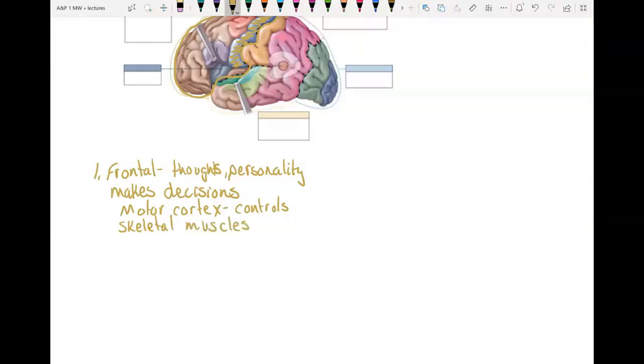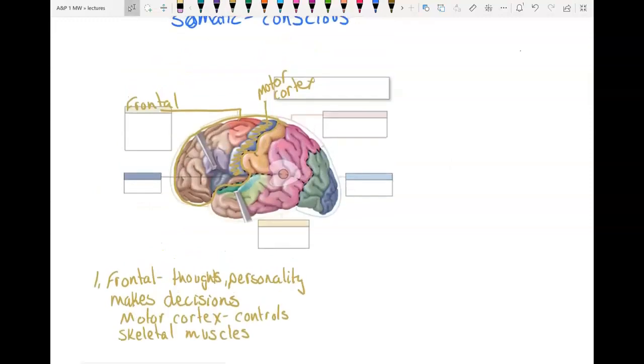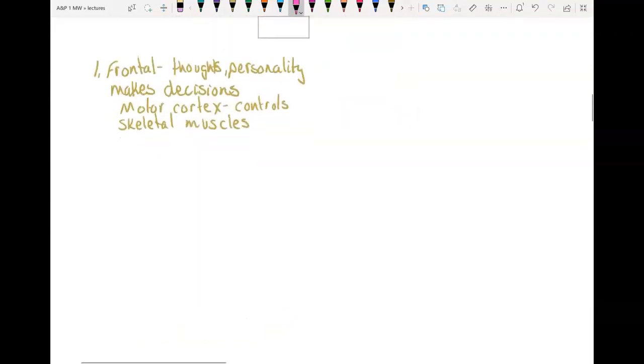The next part is parietal. That is right here behind the frontal. Parietal is what has your sense of touch. So remember, this is the somatic part of your brain.